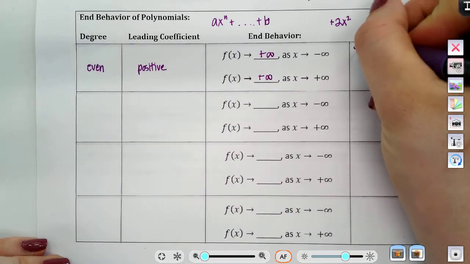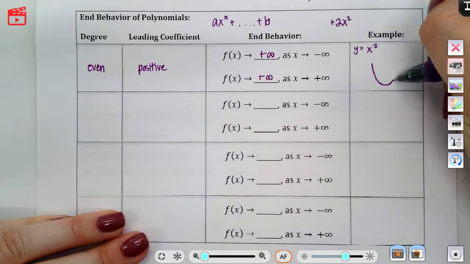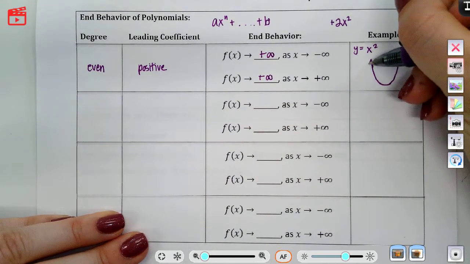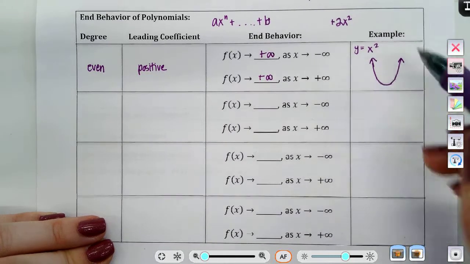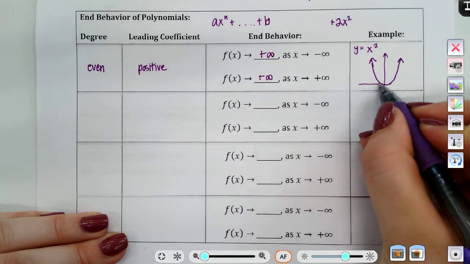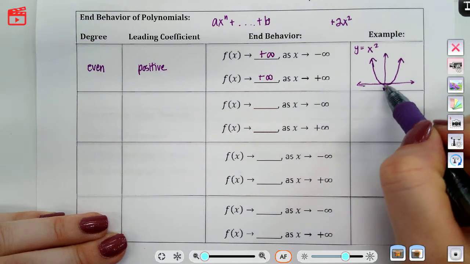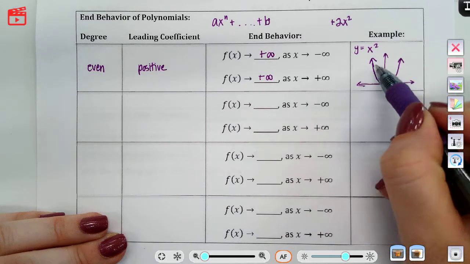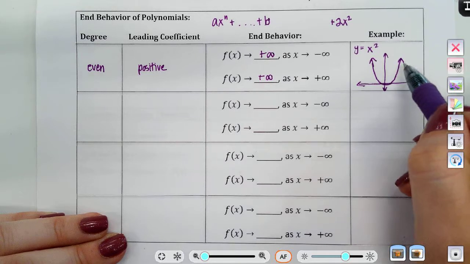An example of this is y equals x squared, the parabola. As my x values get smaller and smaller, my y values are getting bigger and bigger. And as my x values get bigger and bigger, my y values still get bigger and bigger.